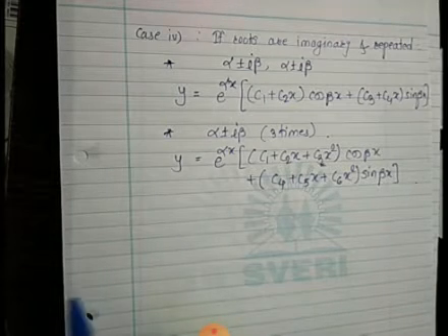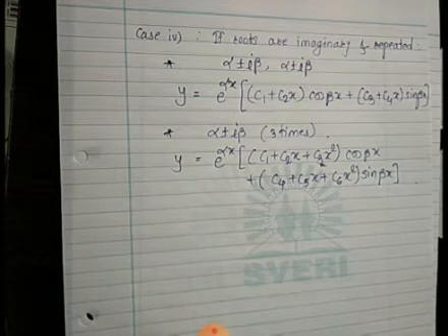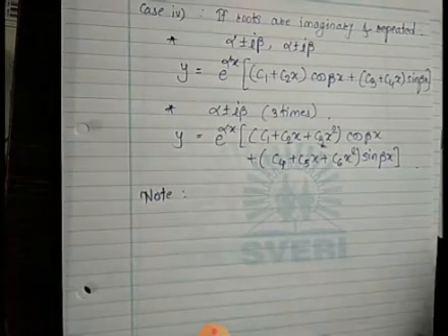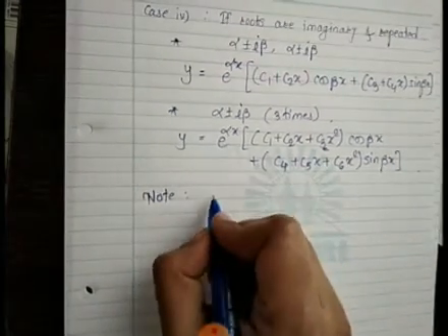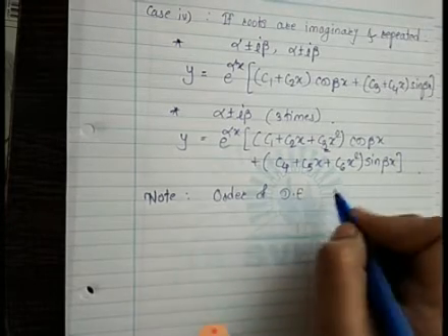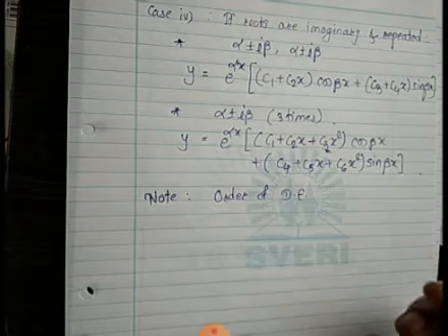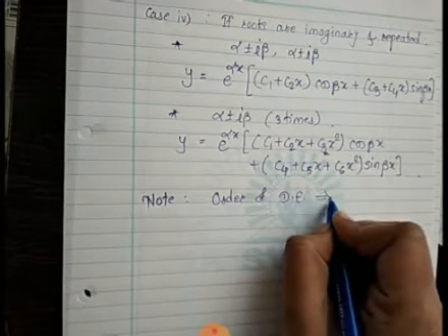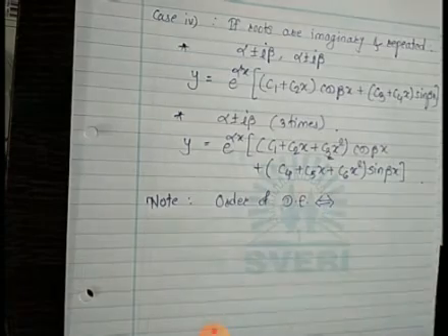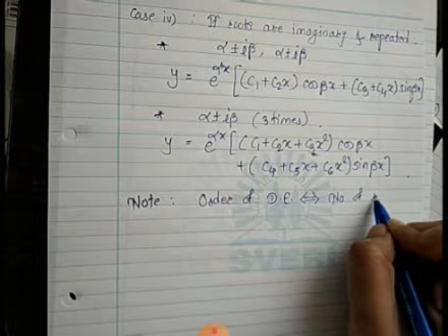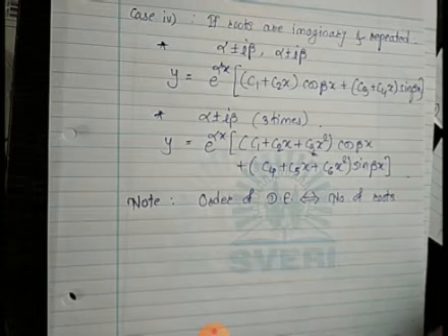Okay. So one more important note I must tell you here. You should remember always the order of differential equation. Order means in your calculus you are putting that degree, highest power of D. Order of the differential equation is same as number of roots to that equation.